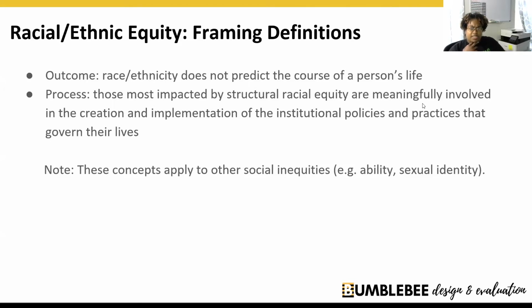As for framing definitions, the first is an outcome. In terms of equity, the ultimate outcome is that race and ethnicity is not a predictor of the course of a person's life. But we also think about equity in terms of a process, and specifically that those who are most impacted by structural inequities are meaningfully, and I'm stressing that word, involved in the creation and implementation of policies and practices that govern their lives.